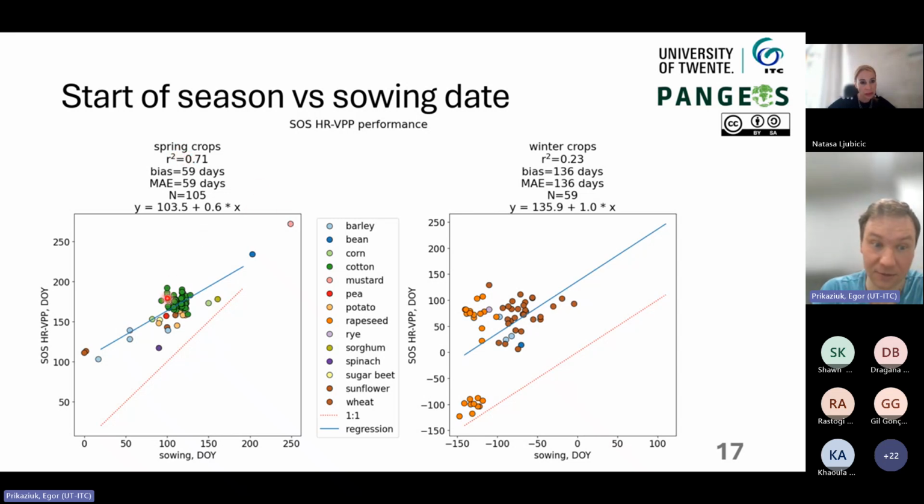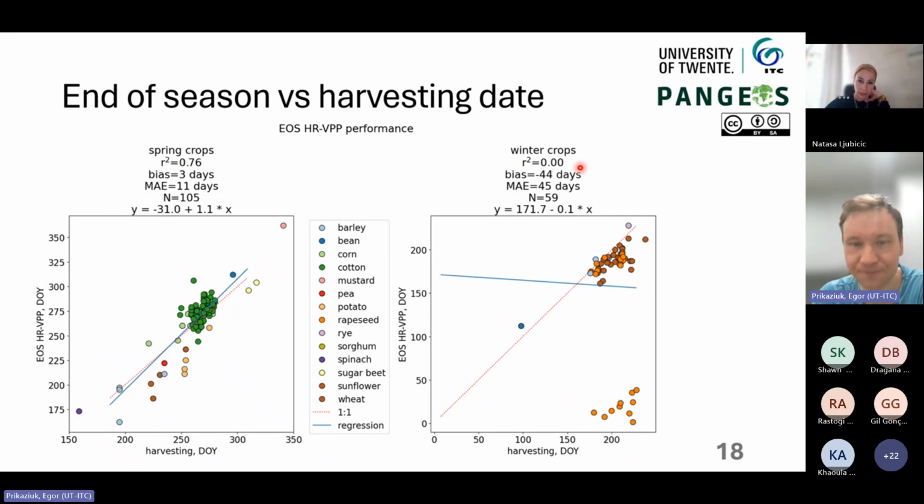So we already saw that spring crops perform okay. I said bias we acknowledge. Winter crops perform worse. With the end of season, it's even worse. Even better for spring crops, a bias of 3 days. Even worse for the winter crops because of the split cycle, so those seasons are totally off.